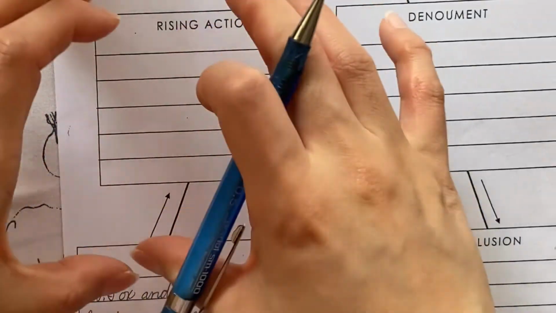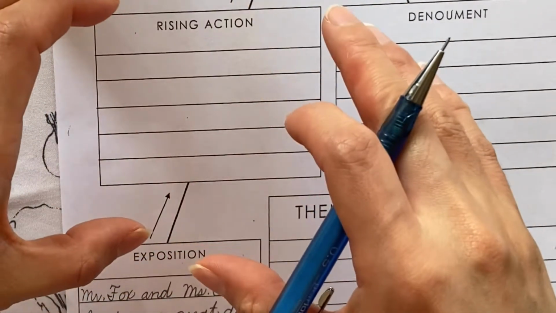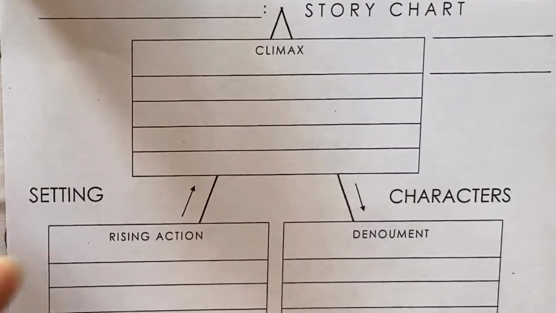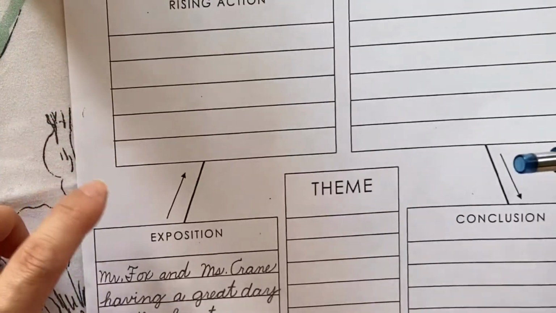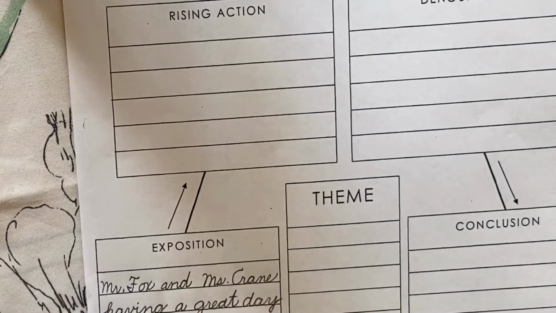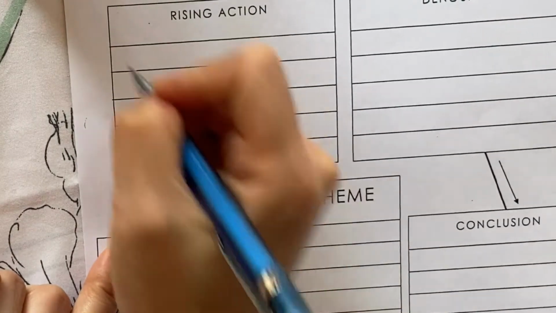Something has to happen in the rising action so they will have a big moment of the problem in the climax. So rising action, what will happen after Mr. Fox and Miss Crane having a great day in the forest?